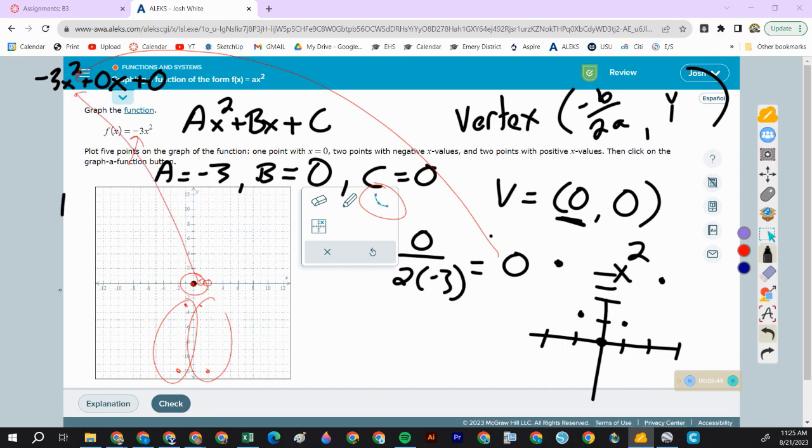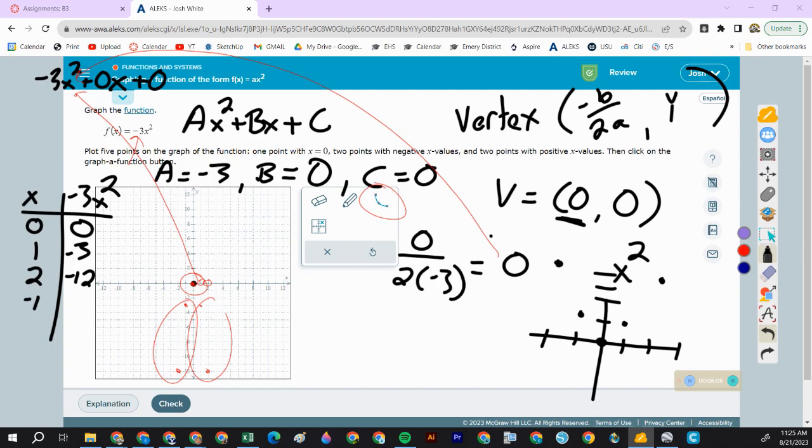Just build a table. So x and negative 3x squared. 0, 0. Plug in 1. 1 squared is 1 times negative 3 is negative 3. Then plug in 2. 2 squared is 4. 4 times negative 3 is negative 12. Plug in negative 1.